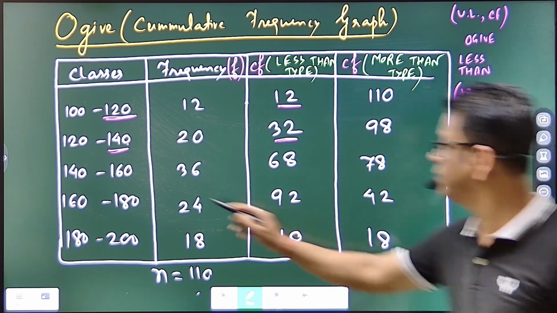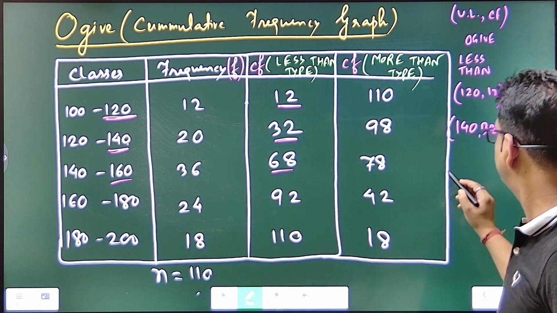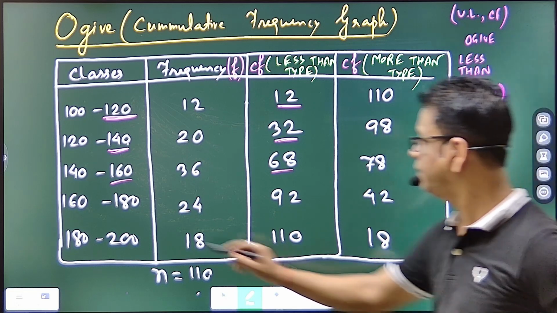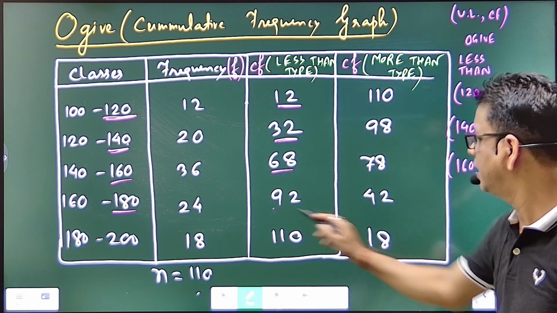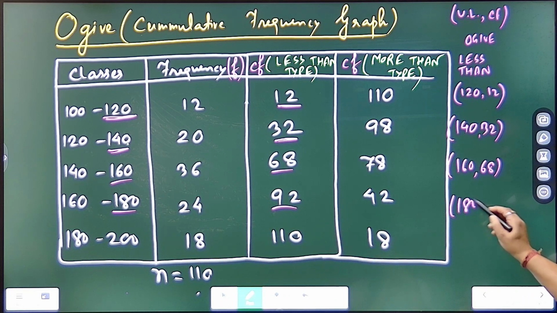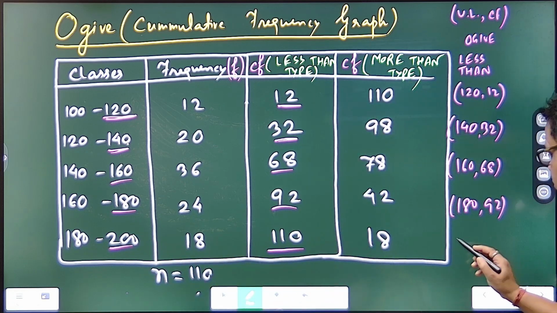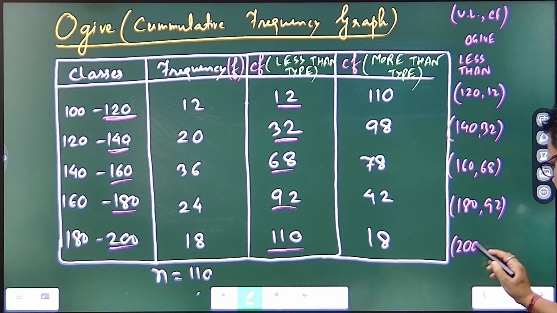What is the upper limit? 160, 68. Then 180, 92. Finally, upper limit 200, 110. Okay, so 200 and 110.